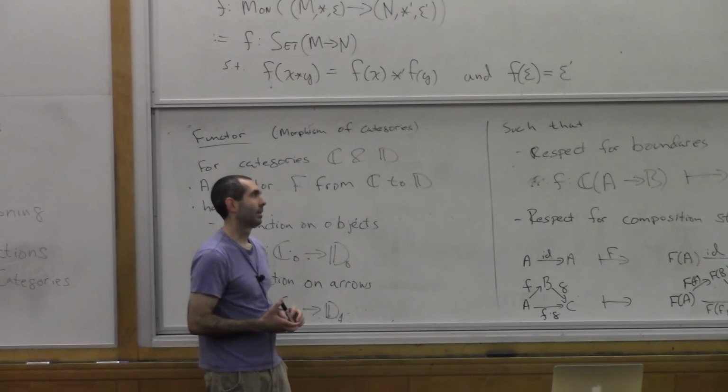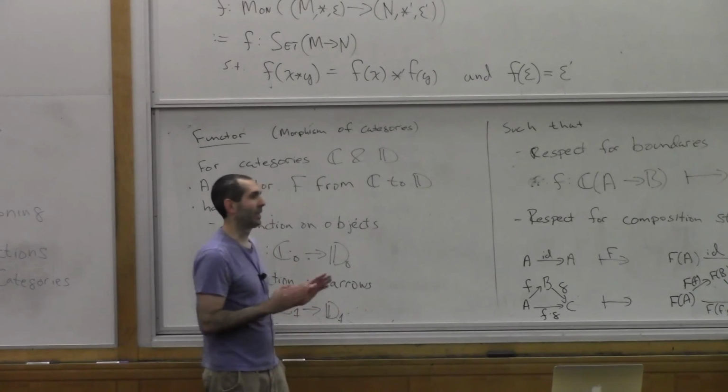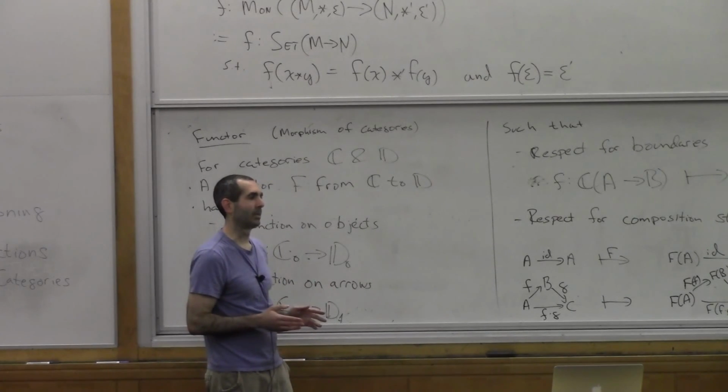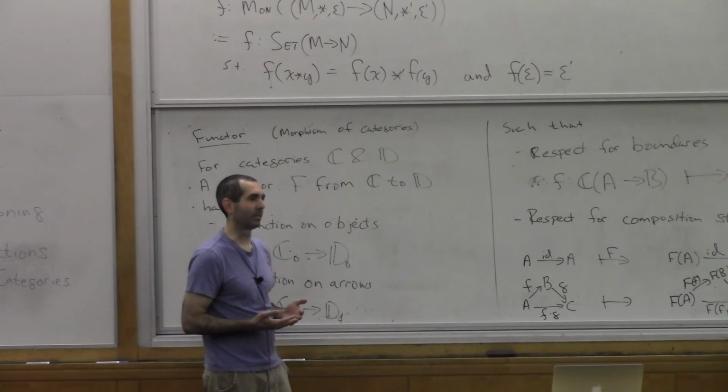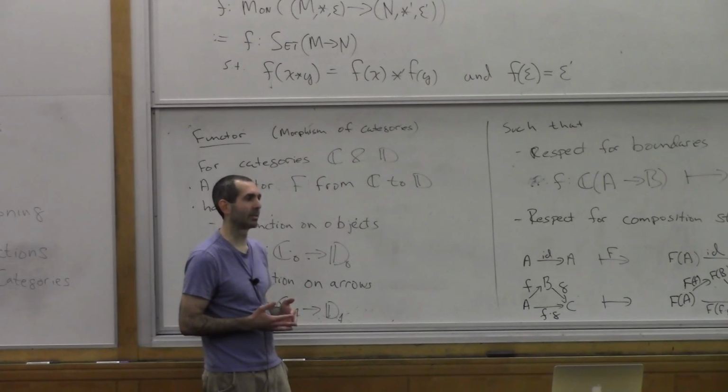Well, okay, so we're going to see the very next thing, right? Although we can form categories of categories, we can't form a category of all categories for the same foundational reason that we can't form a set of all sets, right? Because then you can get some kind of paradox.